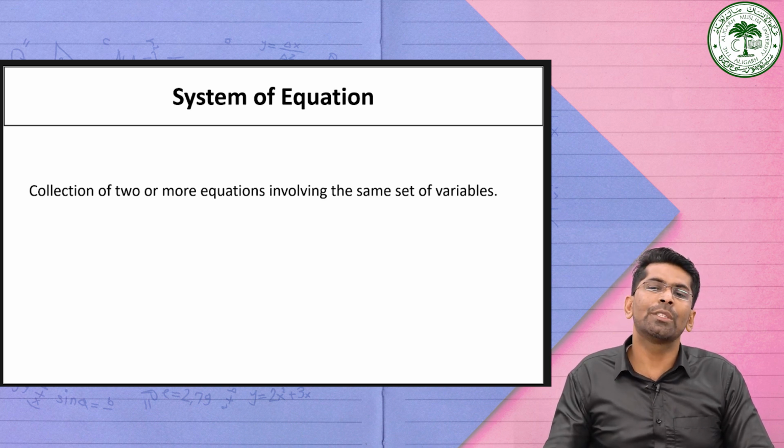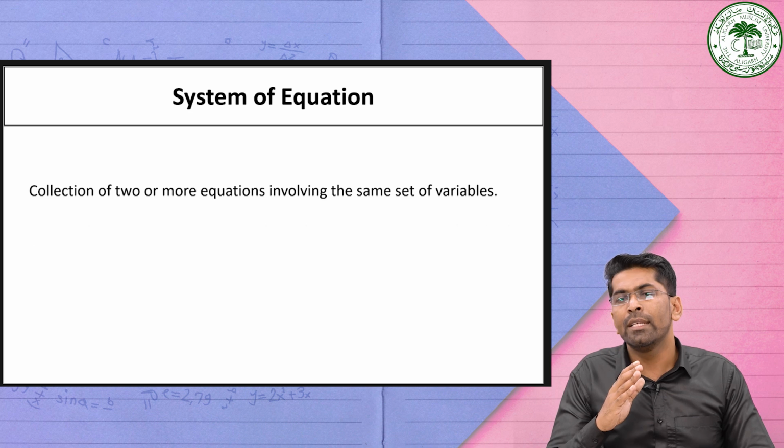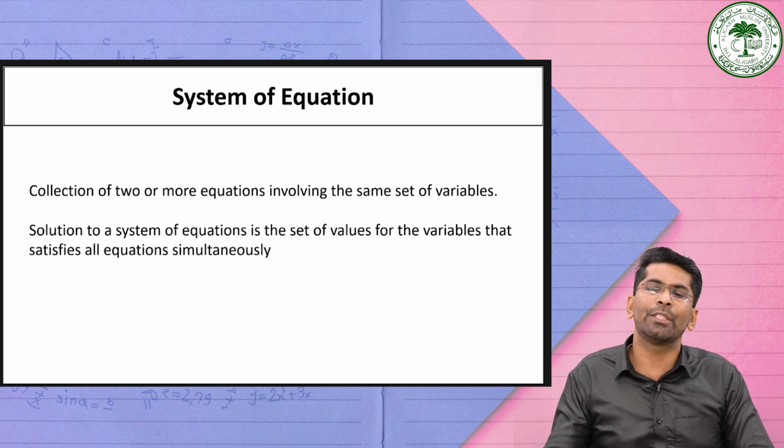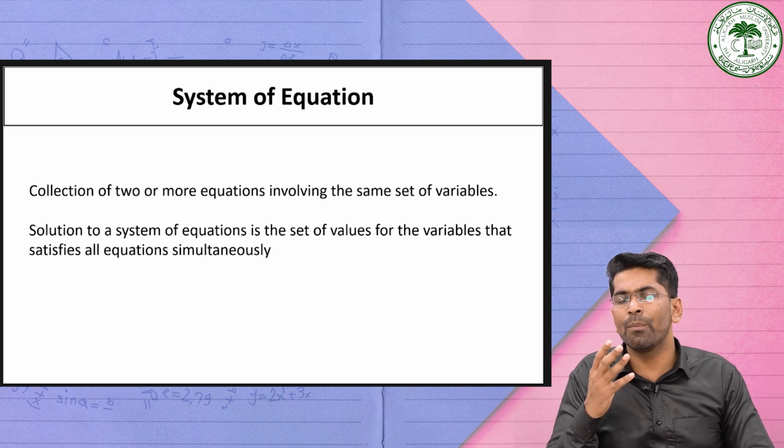A system of equations can be classified based upon the number of equations and the number of variables they involve. There are different methods to solve a system of equations depending upon the number of variables and equations involved, which we will discuss later.